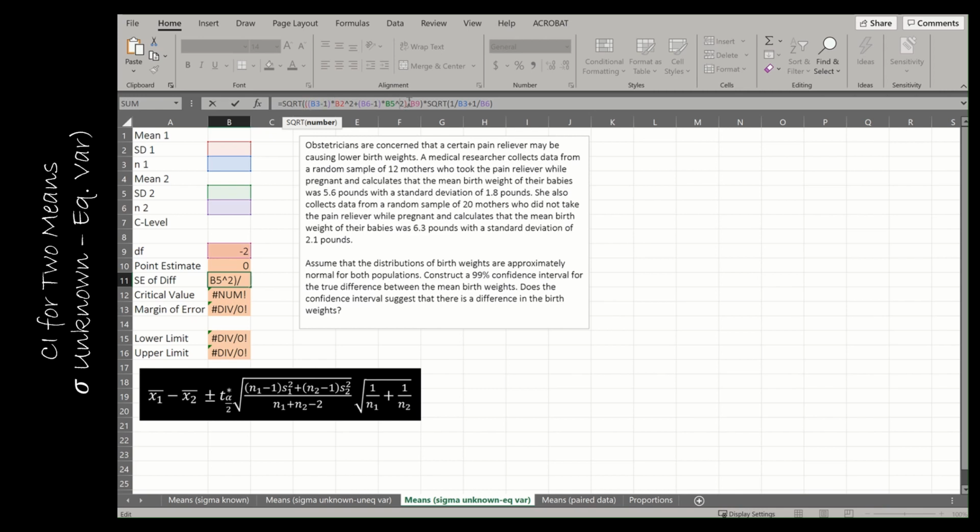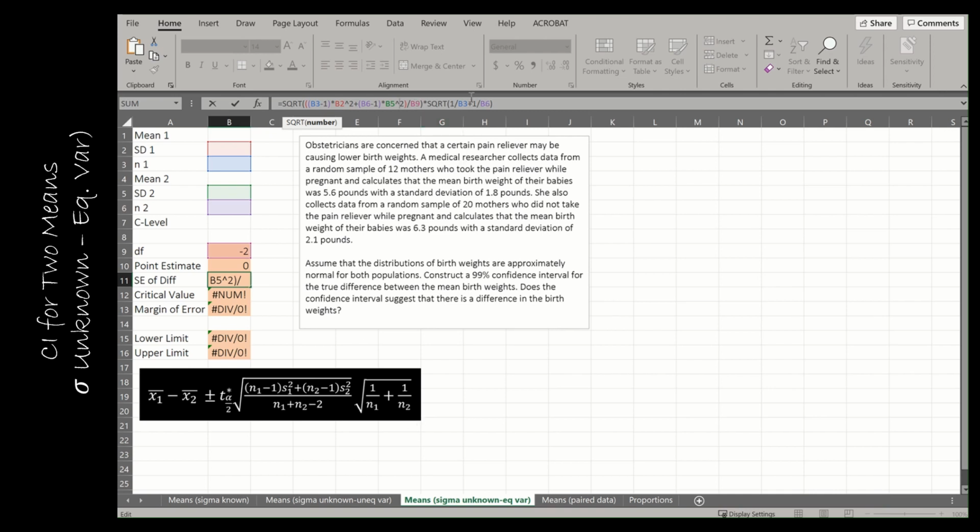And I want to then divide that by N1 plus N2 minus 2, which is the same as the degrees of freedom. So I just used B9, but you could enter parenthesis, B3 plus B6 minus 2, either way.